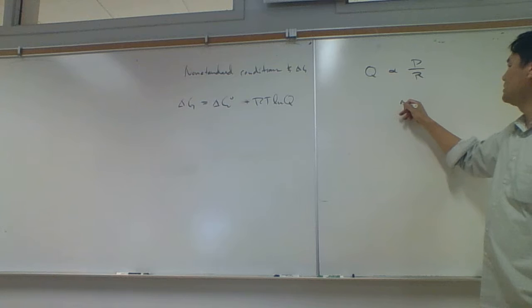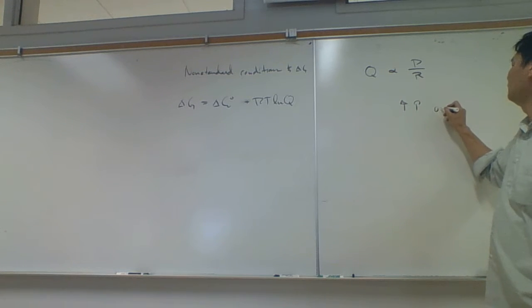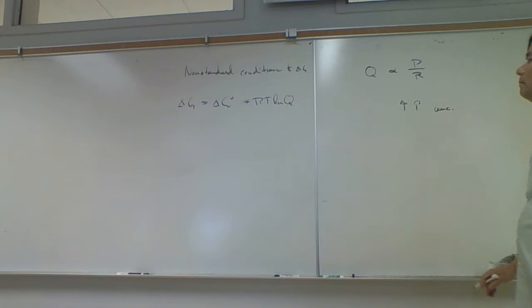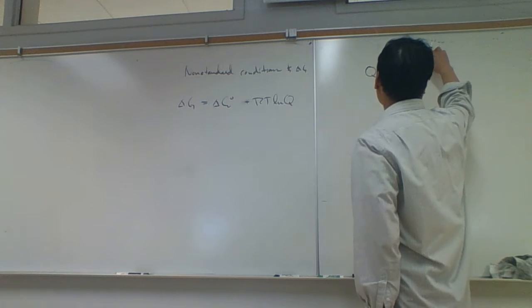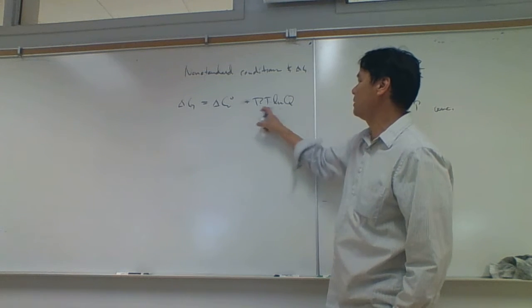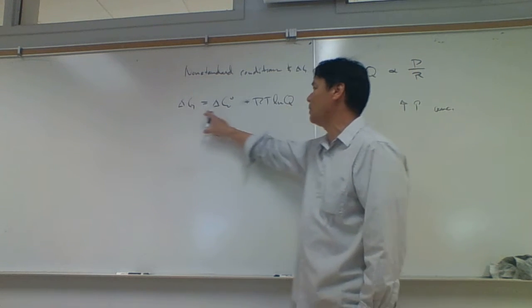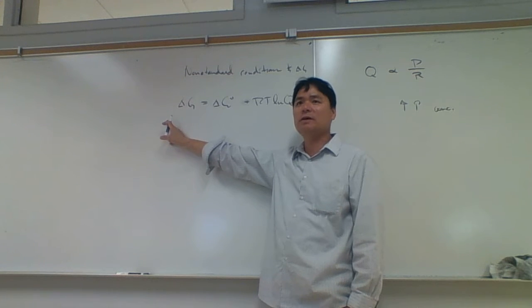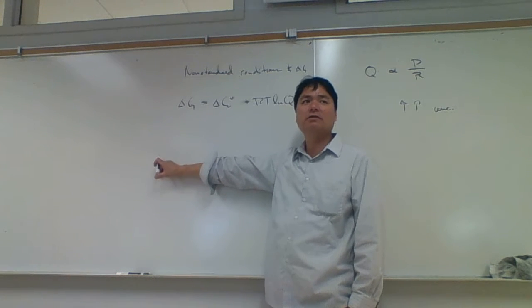So if I increase the product concentration, is that going to increase my driving force for forward reaction or decrease? What do you think? If I have lots of product in there, then it should decrease it. And therefore, if the product concentration goes up, Q becomes bigger. If Q becomes bigger, this term becomes more positive. If this term becomes more positive, delta G becomes more positive, which means driving force goes down.